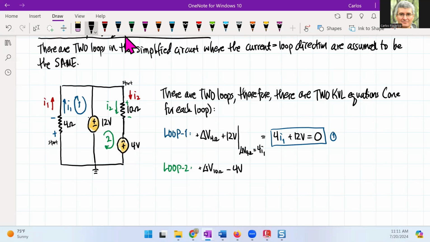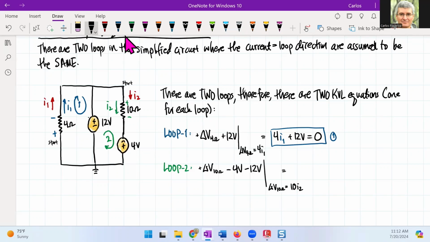And then I'm going to come all the way up and go to the negative 12 volts, so I'm going to get negative 12 volts. And then I come all the way back to my original one. Again, the voltage across the 10 ohm should be 10 times I2.